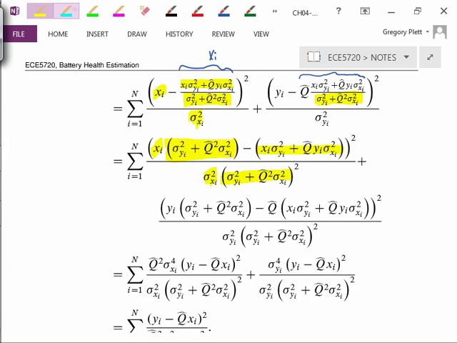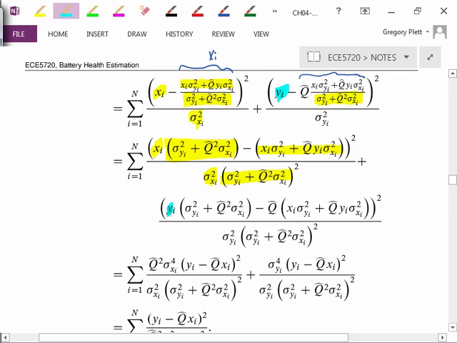And similarly over here, I have the yi, but when I multiply by this squared, that comes up there. And then the q hat remains. The numerator now is by itself, and the denominator used to be the sigma yi, and now it's multiplied by that term squared, and we get this. That's just a little bit of algebra.